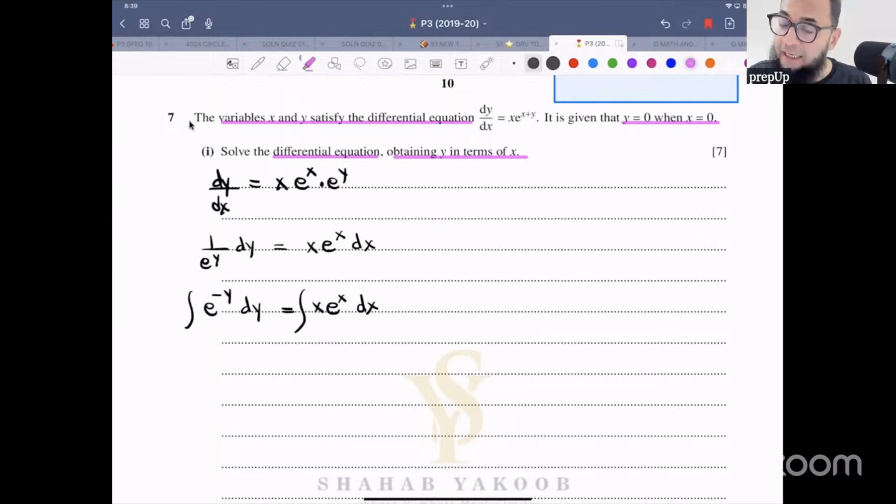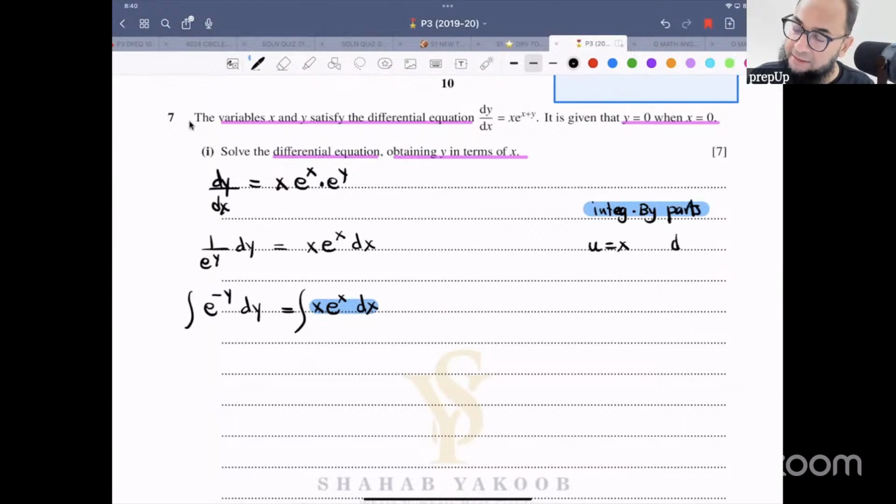First of all, if I look over here at x e^x dx, what is that? Let me do this on the sidelines. That is integration by parts. u is x, dv is e^x dx, du is 1 dx, v is e^x. Follow the arrows.